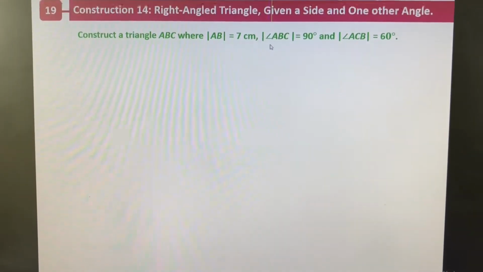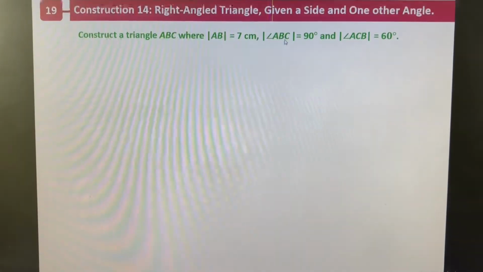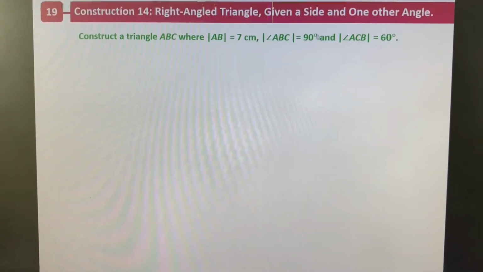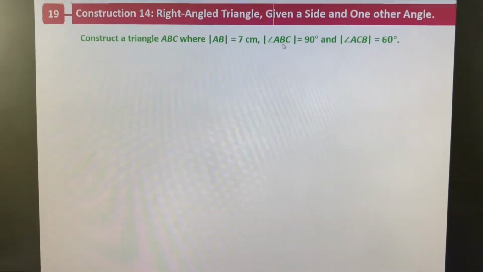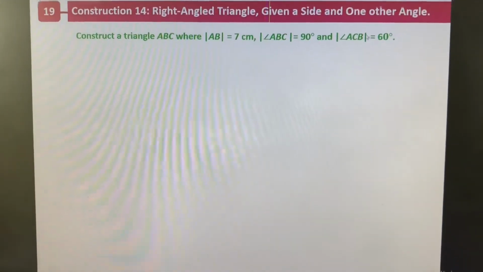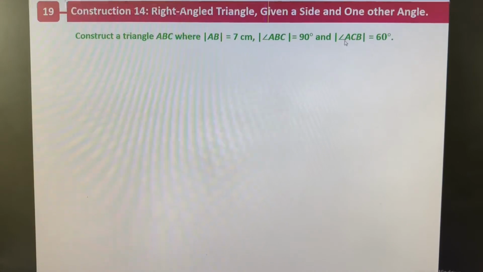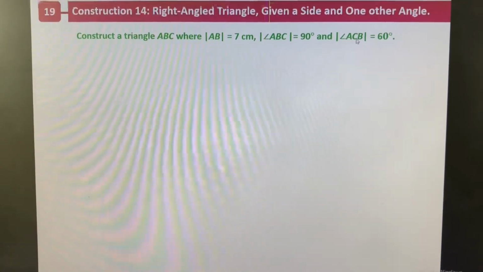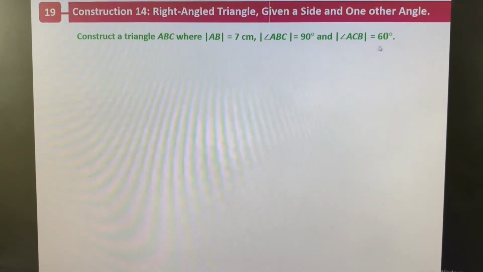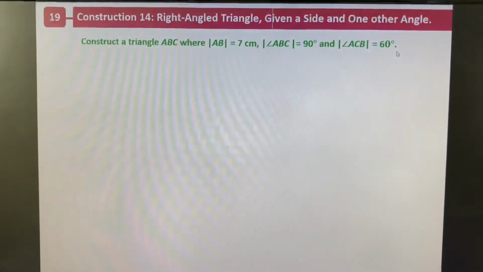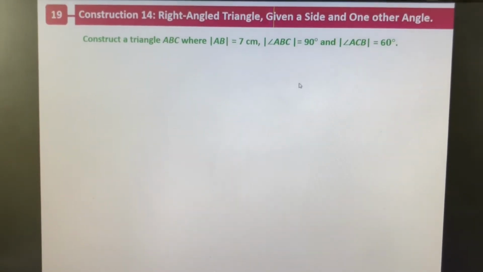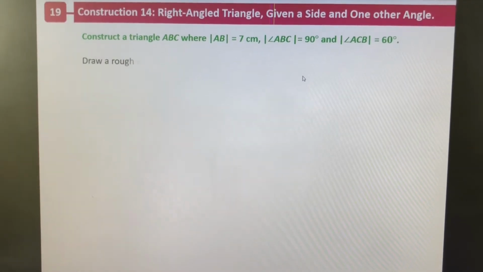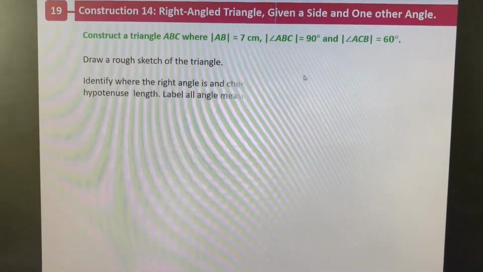So the measurement of the angle ABC is 90 degrees, a right angle triangle. The 90 degrees sits at point B, and we've got one other angle for the point C. Angle ACB, so it sits at C, is 60 degrees. For us to get started, like always with the constructions, we'll draw a little sketch so we know what to expect.